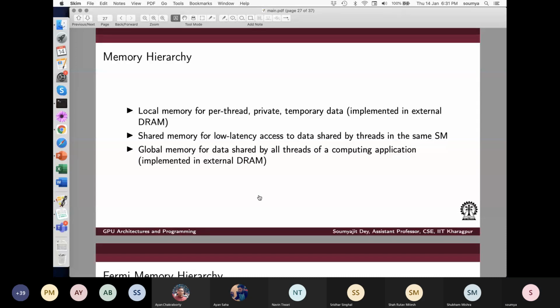If you have enough registers to work with, register access is faster. Then you have shared memory access or L1 cache access, because both are in the same physical memory, and then you have the global memory access. In the global memory, a segment is also known as local memory, but you don't use it always. You will use it only when you are not able to store things in the register file.